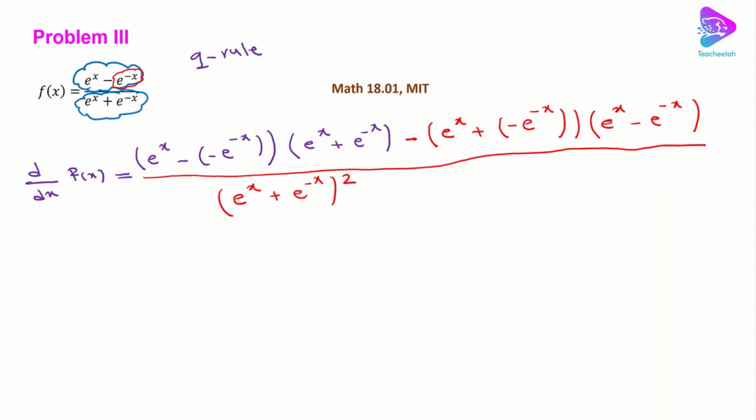Basically you can put it as it is. Depends on the course instructor. If they're asking for a simplified version, you have to go further and simplify it, but I'm leaving the derivative as you can see in here, but you can simplify it if you like.